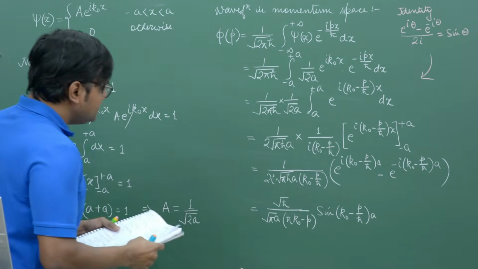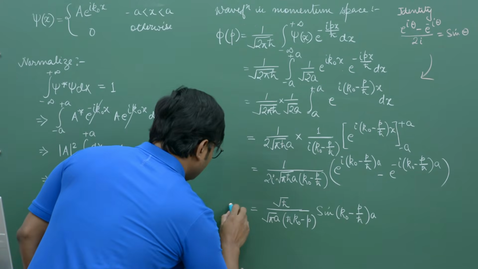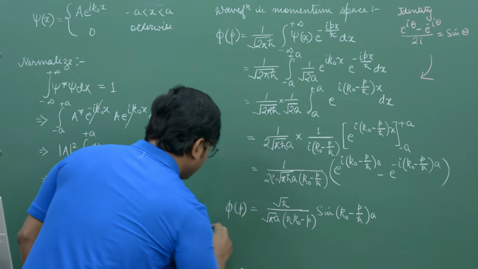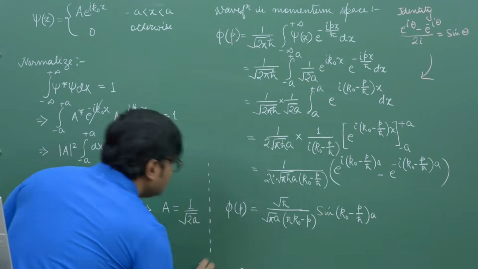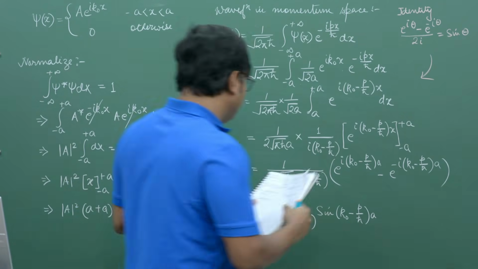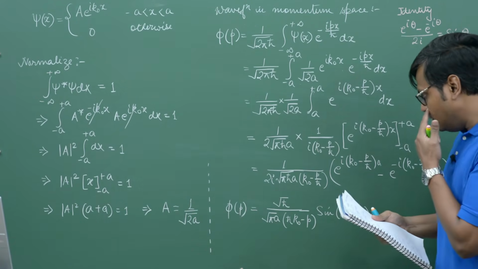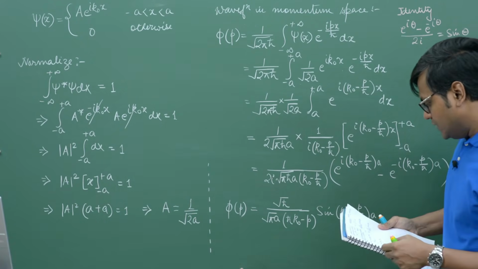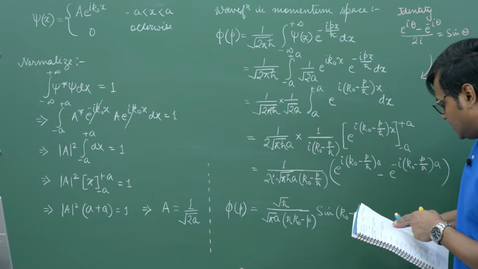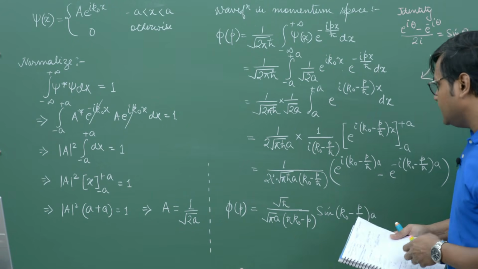That's it. This is the wave function in momentum space corresponding to the one that has been given to us in the question. So we have found the wave function in momentum space corresponding to the wave function in position space that was given to us.